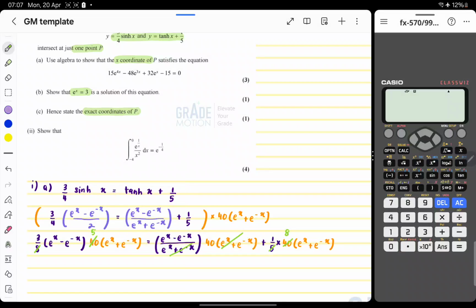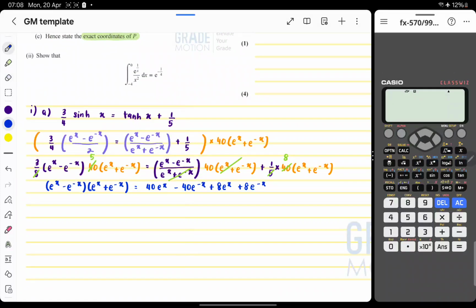So what we have here is 15 times e to the power of x minus e^negative x, times e^x plus e^negative x, equals, we can expand this, 40e^x minus 40 e to the power of negative x plus 8e^x plus 8e^negative x.